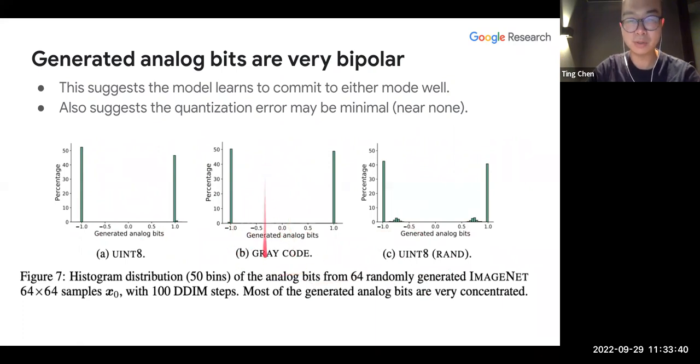Before thresholding, they could be anything because it's continuous modeling, but they choose to be quite committed to either -1 or 1. There's a little bit of a bump here, but it's still far away from the center. This suggests the model learns to commit to either mode quite well, and also suggests that the quantization error, if you take this distribution and threshold it, you see almost no loss. So the quantization error might be quite minimal or near none.